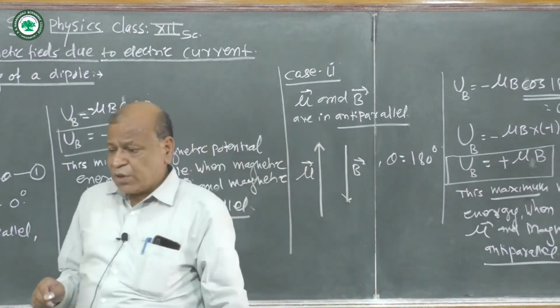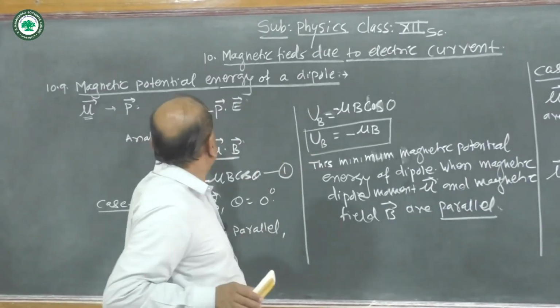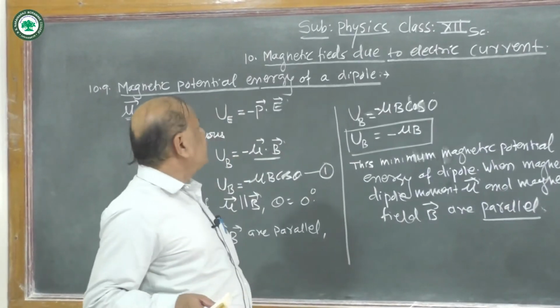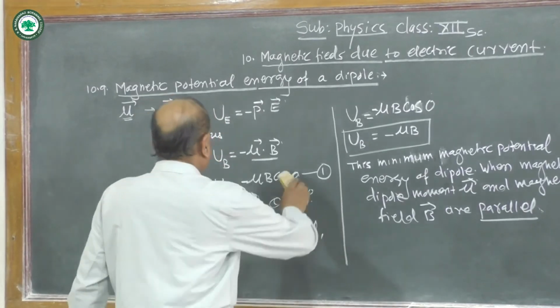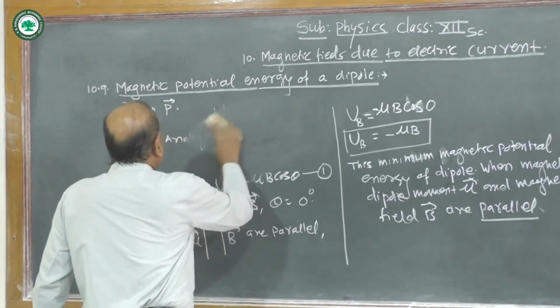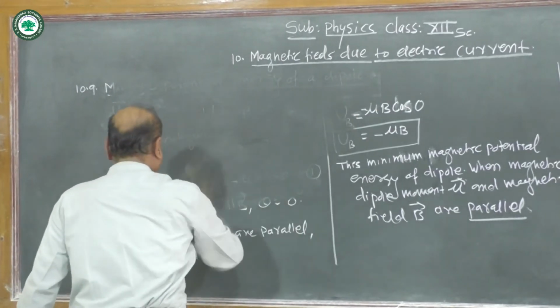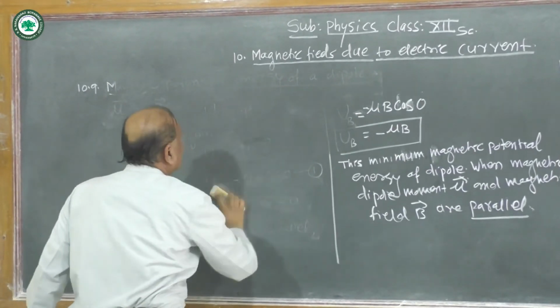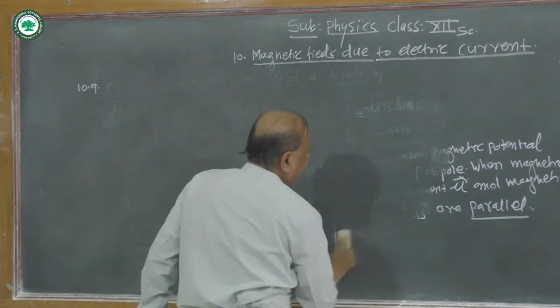Okay, now this finishes the small article, magnetic potential energy of a dipole. Now we see the next article from this topic, that is 10.10.